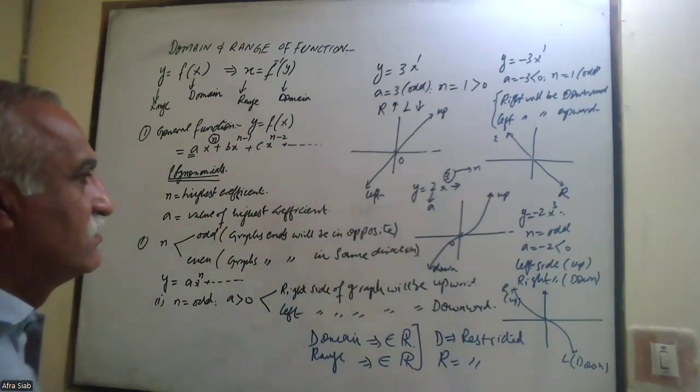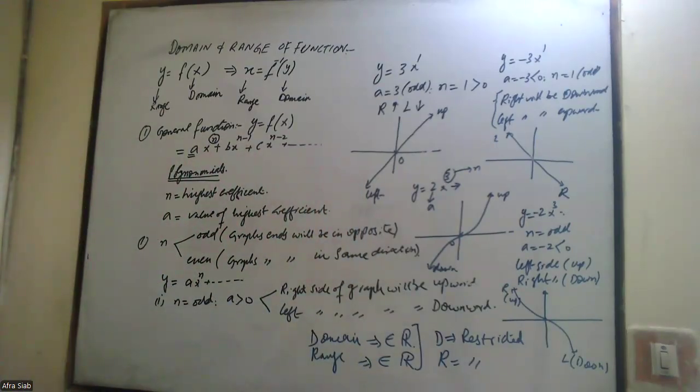So this is the case when it is in the form of general polynomials. The graph's nature will let you know that if it is not restricted, then its range will be all values, and if it is restricted, then the range will be restricted to those values.